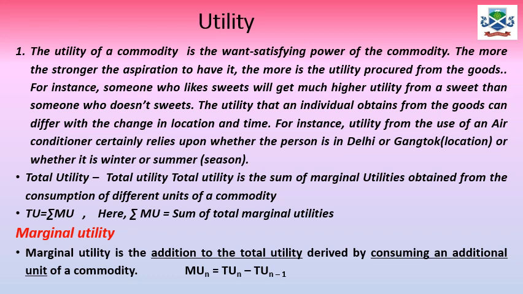As in my example, you are consuming 2 oranges and the total utility is 18. The first one gives you 10. So the marginal utility of the second unit is 18 minus 10, that is 8 utils. That's how marginal utility is calculated.